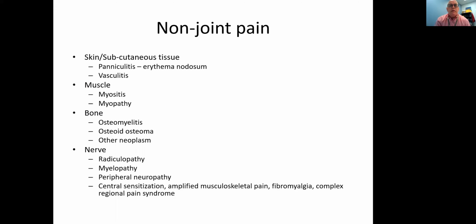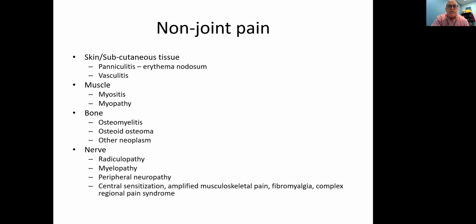So we're going to talk first. When you have a patient present with musculoskeletal pain, it's very important to focus especially in toddlers: is this really a joint issue, or is it any other part that can affect the musculoskeletal system or the limbs?